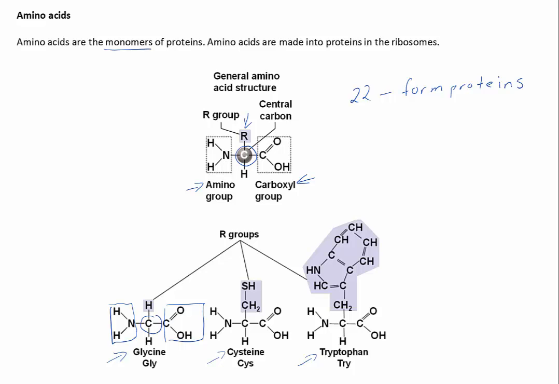However, the R groups, highlighted here in purple, are all quite different. This one just has a hydrogen attached to that central carbon, and these are more complex molecules. And there are 22 different amino acids, each with a different side chain that form proteins.